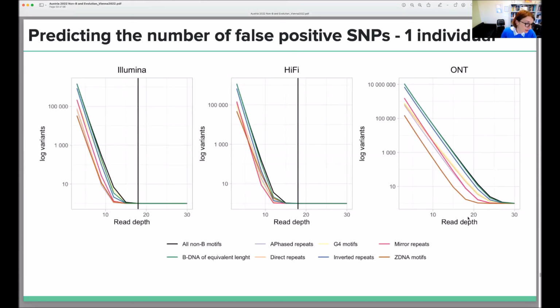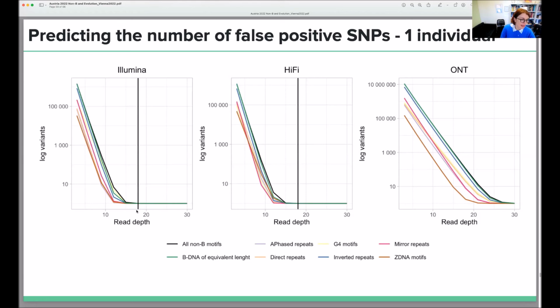So here the colors are: black is all non-B DNA motifs, green is B-DNA of equivalent length. And for Illumina, all non-B DNA motifs are bringing in more false positives as compared to B-DNA of equivalent length.